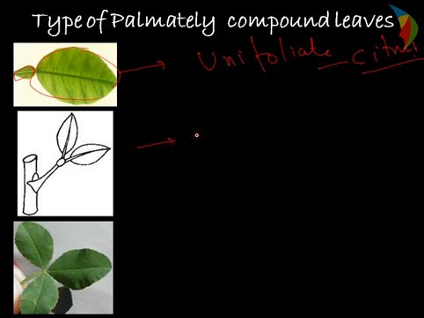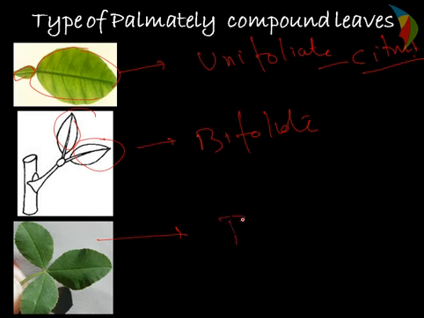The second type is bifoliate. Two leaves are there on the top of the leaf edge. The third type is trifoliate. On the tip you can see 3 leaves coming out.